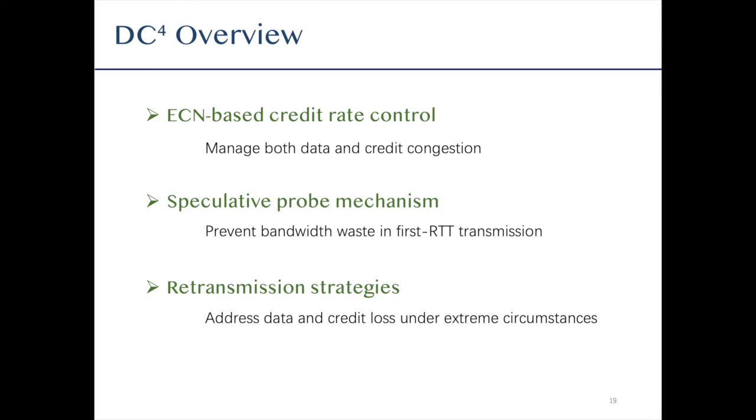Inspired by the data credit plane architecture and the challenges, we developed DC4, mainly composed of 3 parts: ECN-based credit rate control, speculative probe, and retransmission strategies.